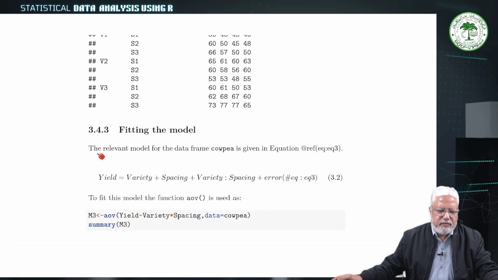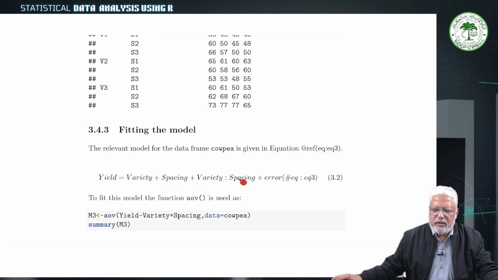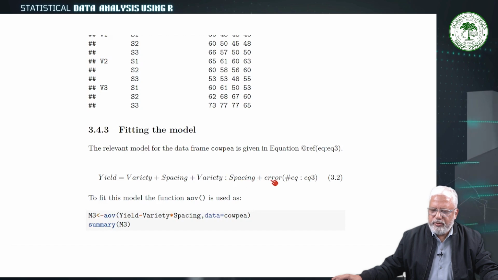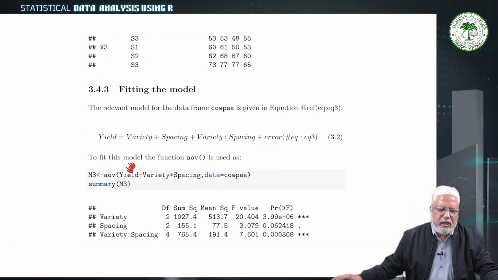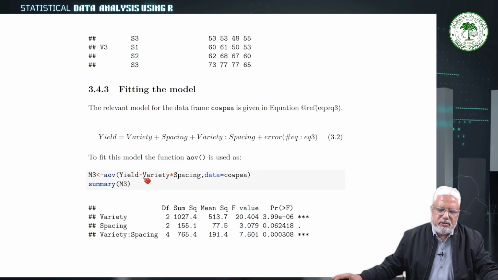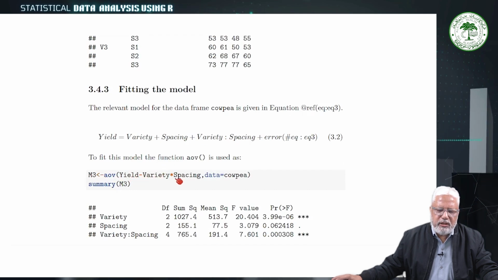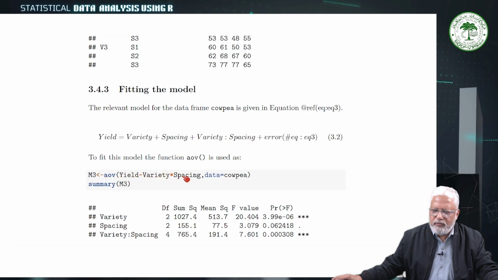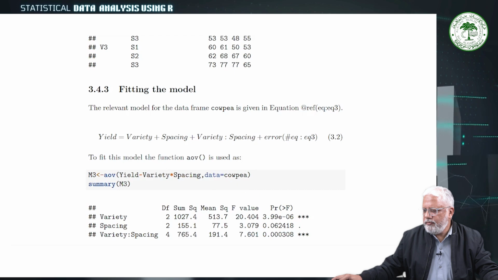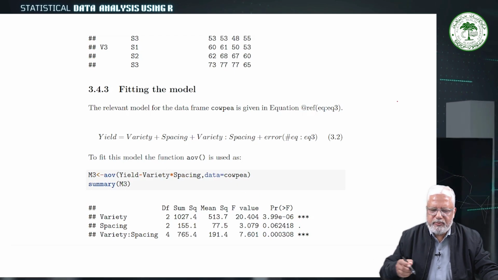Fitting the model: yield is equal to variety plus spacing plus interaction of variety and spacing plus error. So this is the equation. And we are going to write this as the function aov, yield versus variety into spacing. Here there is the concept of the formula of Wilkinson and Rogers, which has been adopted here.